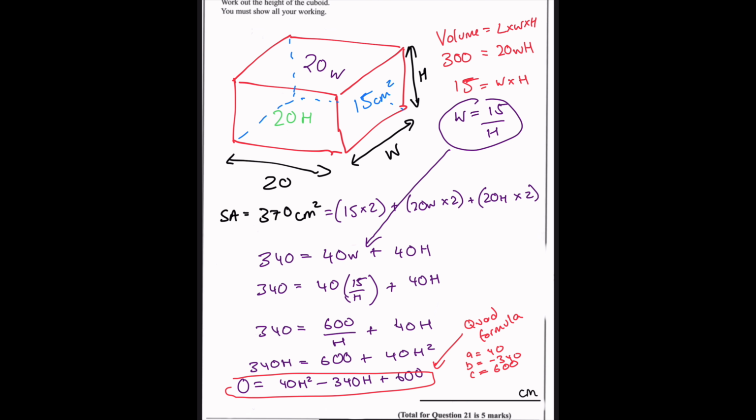Obviously it will take you a bit longer, but I've prepared it earlier. Substitute that into the quadratic formula, you get h equals 6, or h equals 5 over 2.